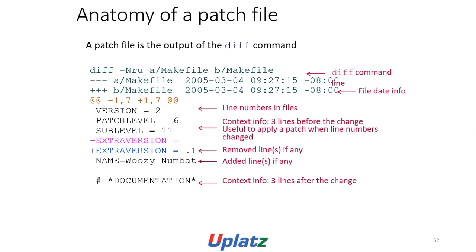For example, diff -Naur Makefile.orig Makefile. It shows line date info, version and context info: three lines before the change, useful to apply the patch when the line was changed. Then removed lines if any, added lines if any, and context info: three lines after this change.